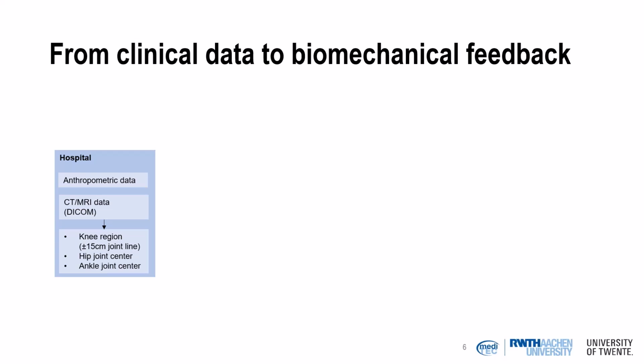And as just explained on the previous slide, this covers the knee region. We assume it to be plus minus 15 centimeters of the joint line, the hip joint center, and the ankle joint center. But let's be honest, there's no motion data, so no interaction forces or ground plate forces, and there's no muscle activity measured.